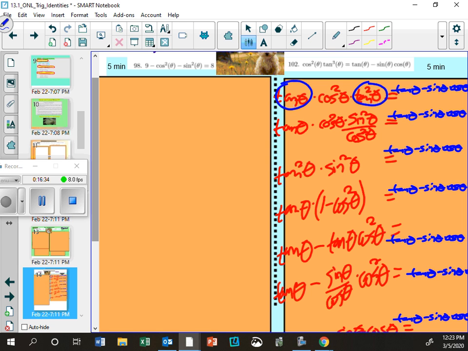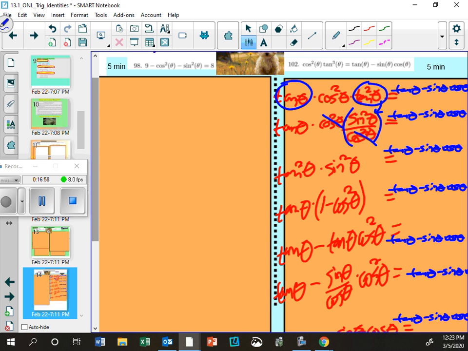All right, next, would you agree that it's okay to replace tangent with sine over cosine? Did any of you guys think of that? Okay, a bunch of heads are nodding. All right, good. Then, would you agree that these cosines would cancel right there? Does that make sense?